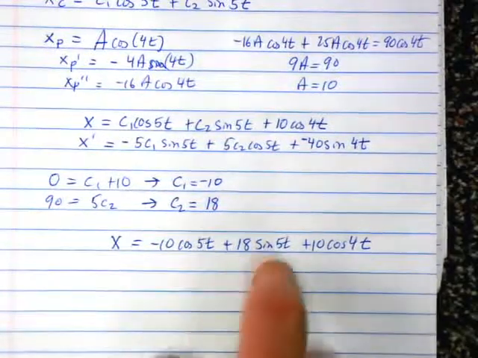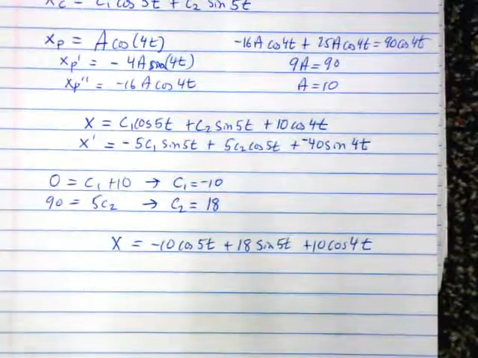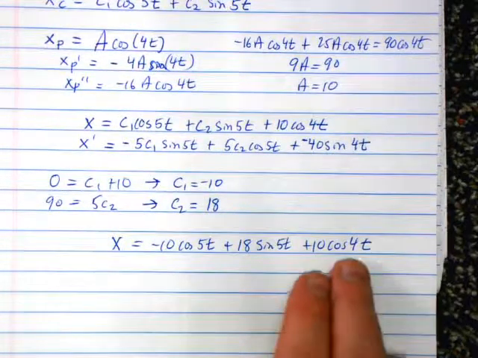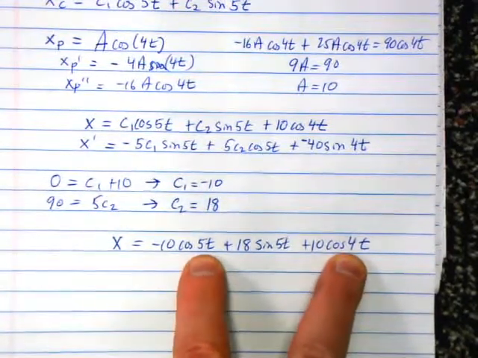Do you think that has the possibility of resonance? Yes or no? How would you tell? We have resonance when that number 4 is close to that number 5. Are 4 and 5 close?